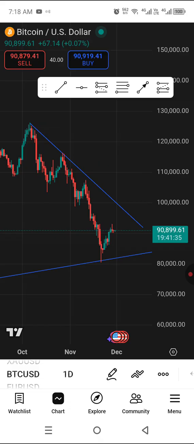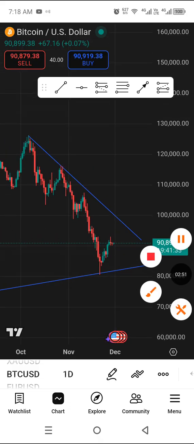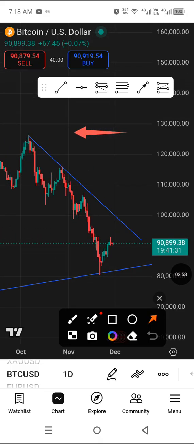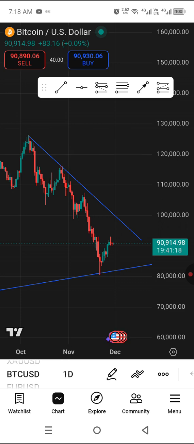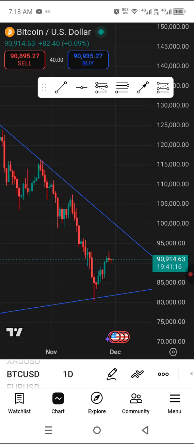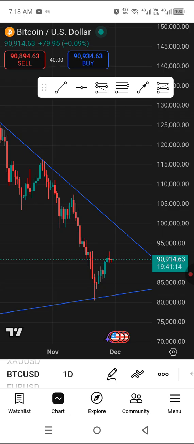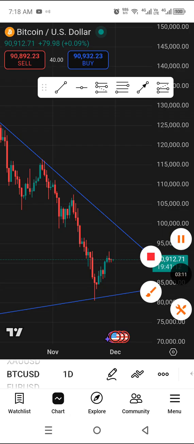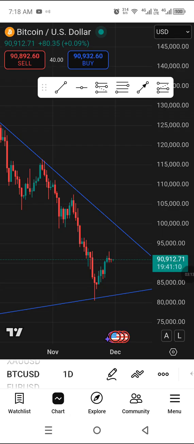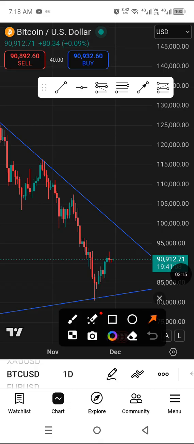Then again, you draw another trend line. So if this point was your point A and this point was your point B, the next trend line you're going to draw should start from point B. You get the drill. Since we can see that there are more touch points, start at this point here.